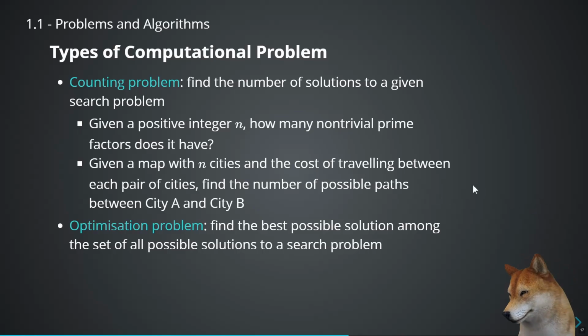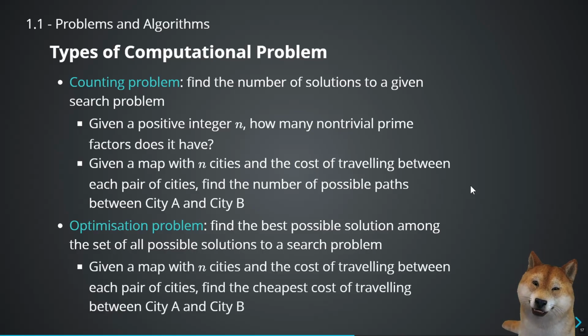Now, finally, you will hear about optimization problems. Actually, the two most important ones that you need to know are decision problems and optimization problems. We're going to see them later in P versus NP. So optimization is probably the hardest one. You have to find the best possible solution. So I'm going to give you criteria, and this is pretty much the traveling salesman.